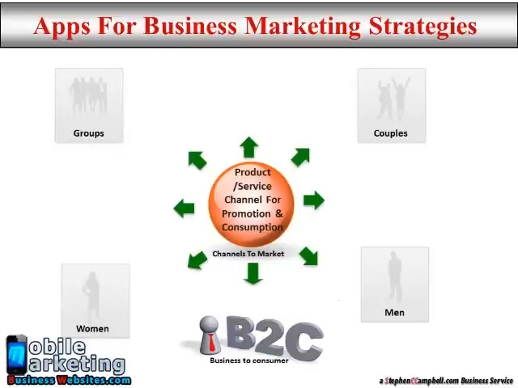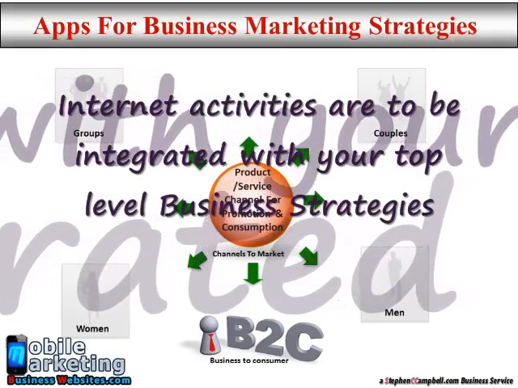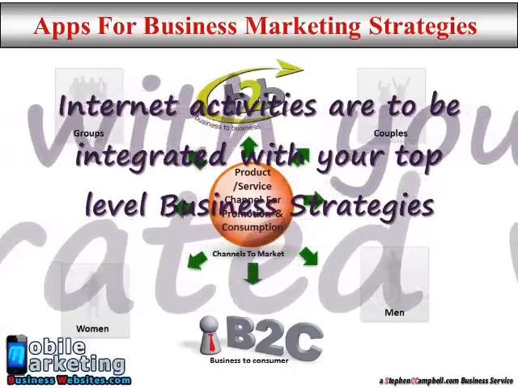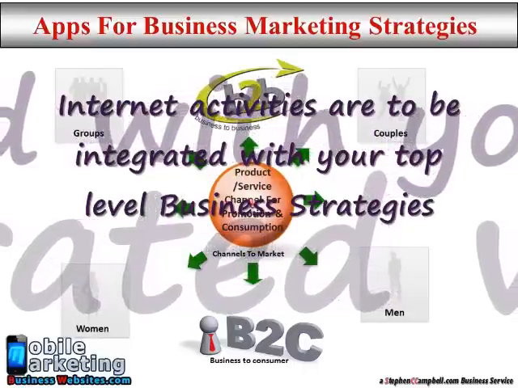Now we're talking about business to consumer marketing, where we're talking about one-off purchases, very short decision-making times, and individuals or small groups of people would actually make the decision to make the purchase. So this will go into consideration when you actually design your app. And as we keep saying, the activities need to be integrated with your top-level business strategies.